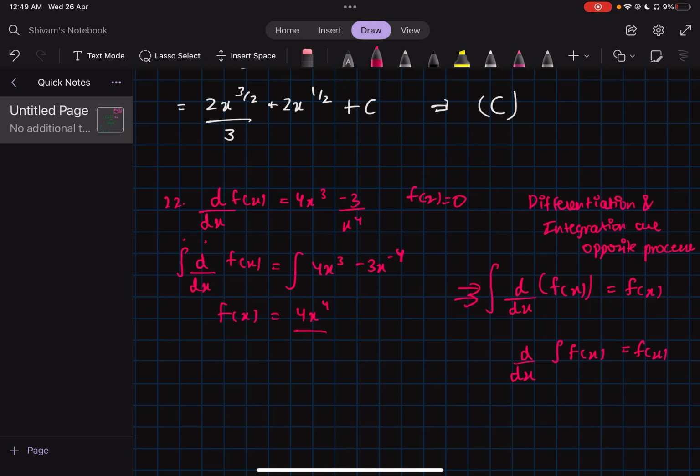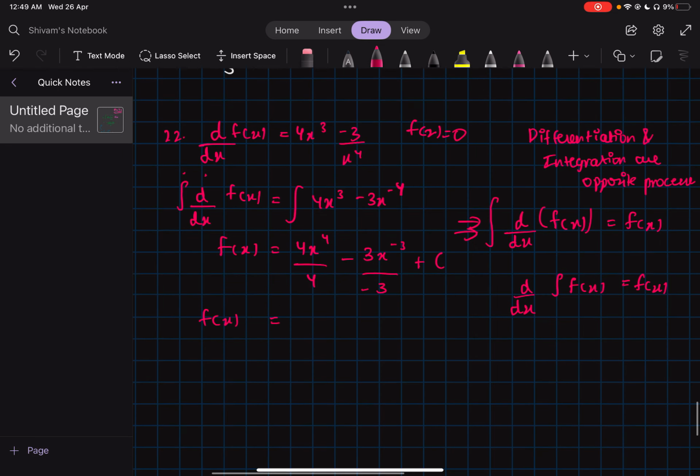Raise the power by 1 and divide by the new power. Then raise the power by 1 and divide by the new power, plus c. So we're going to clean that up. So f of x gives you x to the fourth power plus x to the negative third power plus c.